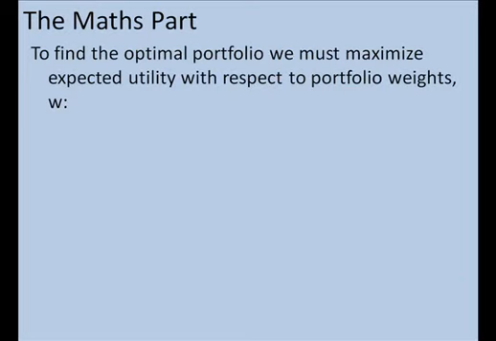We want to maximize, with respect to the weights, the expected excess returns on our portfolio minus lambda times the risk of our portfolio. This is the function we're maximizing, which we can rewrite using our matrix notation.